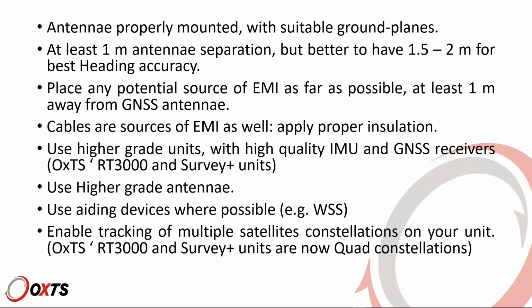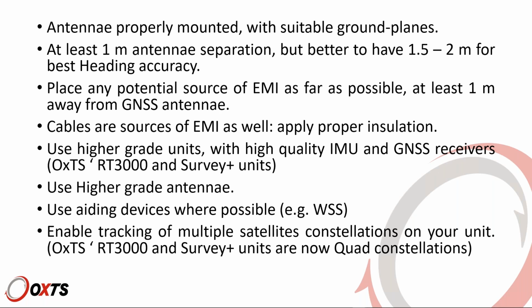So, in order to have the best possible chance to get good GNSS data, you need to have the antennas properly mounted, meaning, first of all, with suitable ground planes. Ground planes will protect the antennas from getting the GNSS signal that is bounced off the tarmac, so getting to the antenna from underneath it rather than from above, as you would expect it to be.